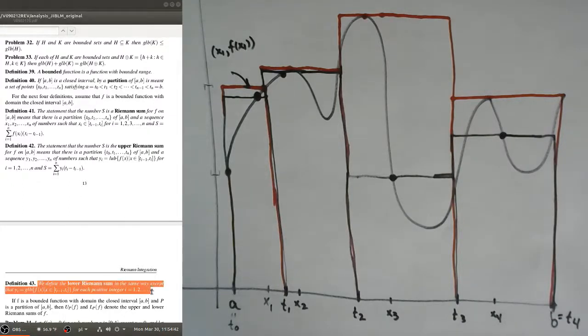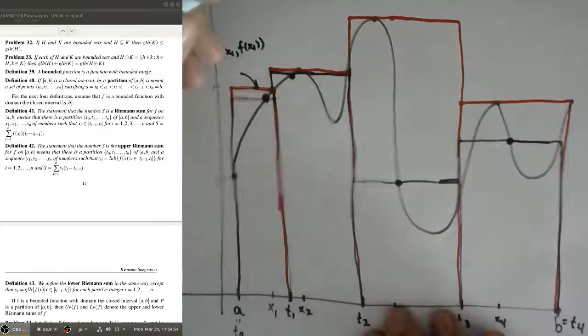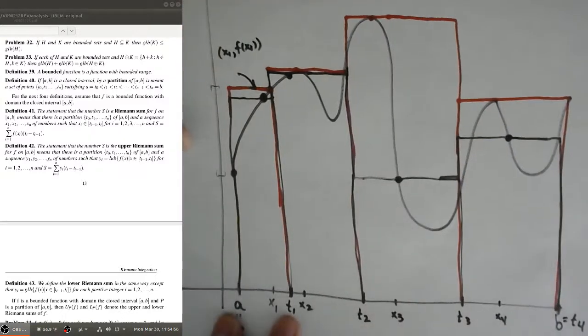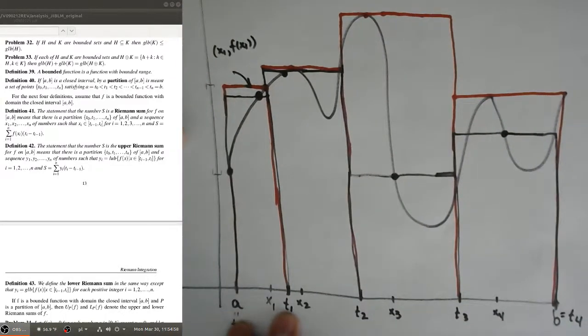Now, another similar definition is the lower Riemann sum. It's just like the upper Riemann sum, except you pick the lowest height of the function for the rectangle. So in the first subinterval determined by the partition, instead of picking this upper point or some point in the middle, we'll pick the lowest that the function goes.